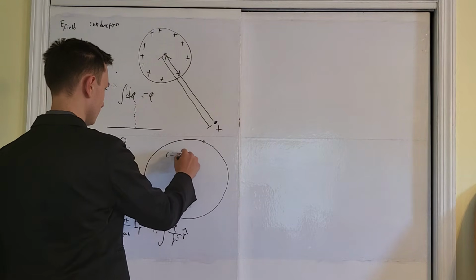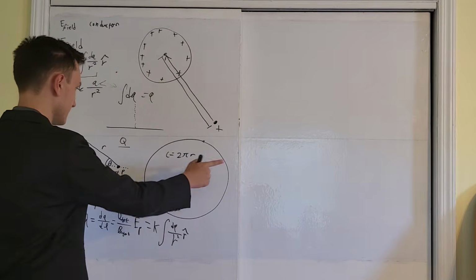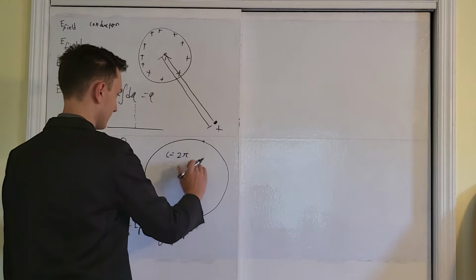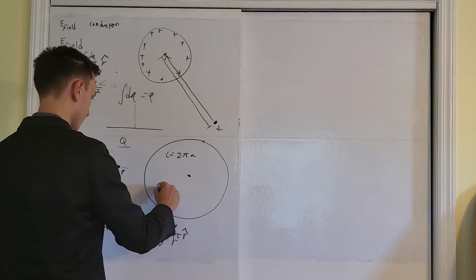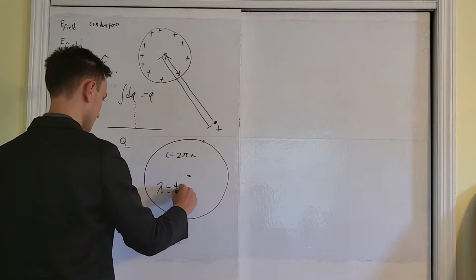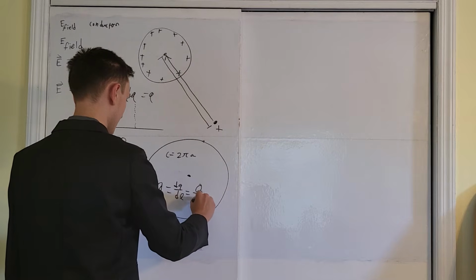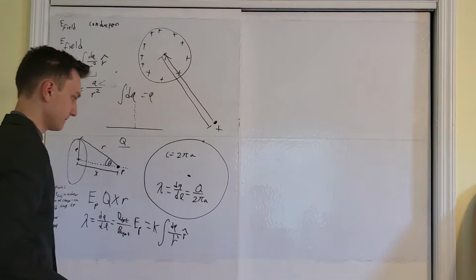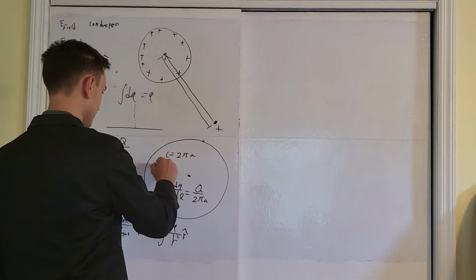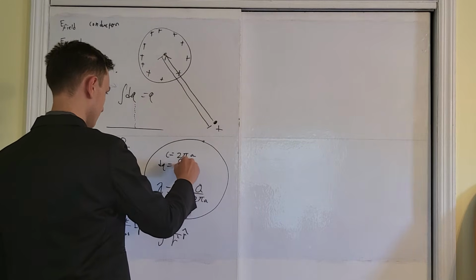Circumference equals 2 pi r. In this case, the radius of my ring is a. So circumference equals 2 pi a. Therefore, lambda equals dq/dl equals Q over 2 pi a. So therefore, we can say that dq equals big Q over 2 pi a dl.